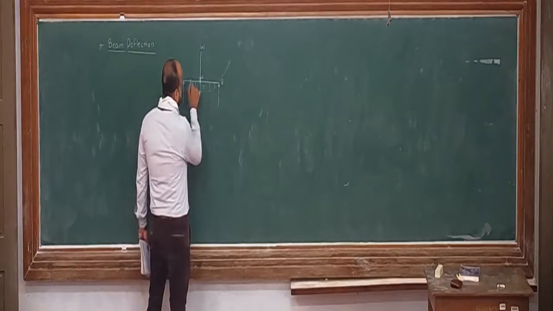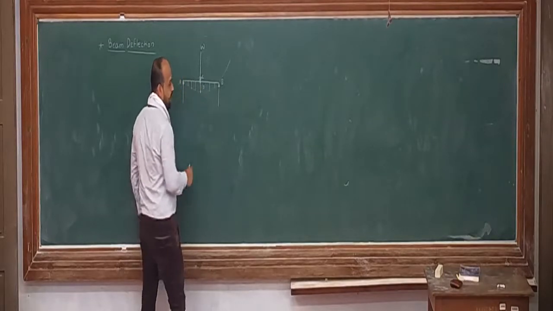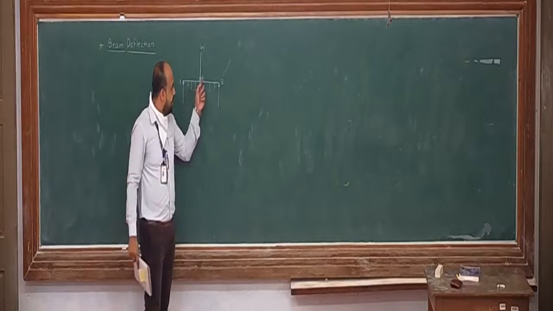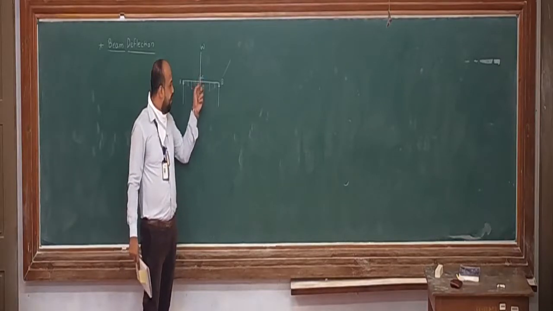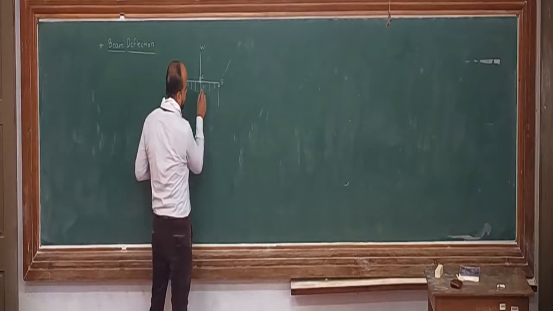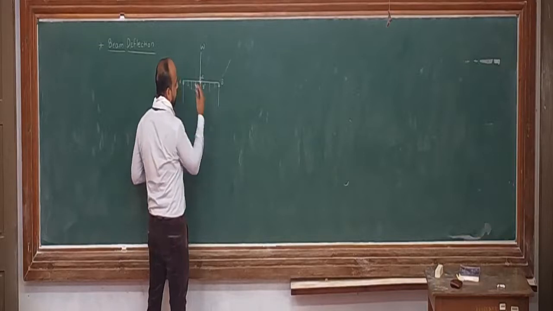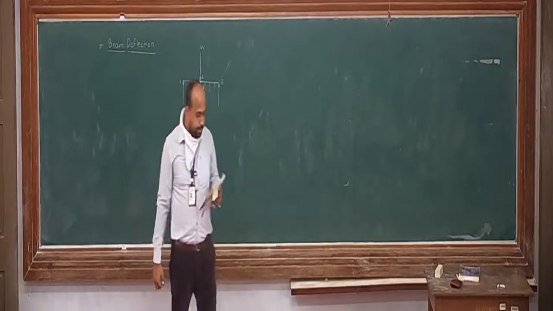Suppose this point has displaced to the next point, so this distance is nothing but the deflection. Similarly, here I have considered the center point which has displaced the maximum. So this vertical distance is nothing but the Y, the deflection. Okay.